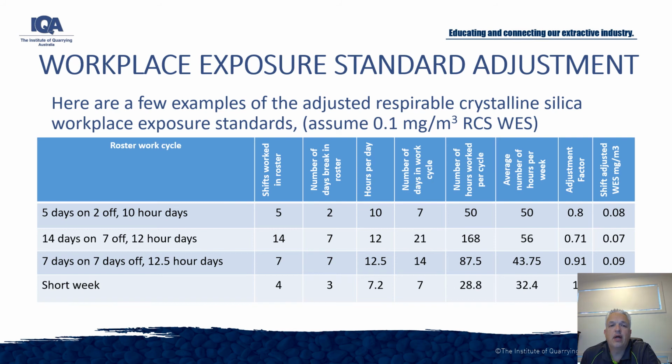We'll have a look at a couple of workplace exposure standard adjustments. We'll assume that we're going to use the 0.1 milligram per cubic meter exposure standard, which is based on a 5-day, 8-hour roster. So if we look at the first one, we're looking at a 5-day on, 2-day off, 10-hour day. We need to adjust this. So the things we need to know are: the number of days in a week cycle is 7, the number of hours worked per cycle is 50, and the average number of hours per week is 50.